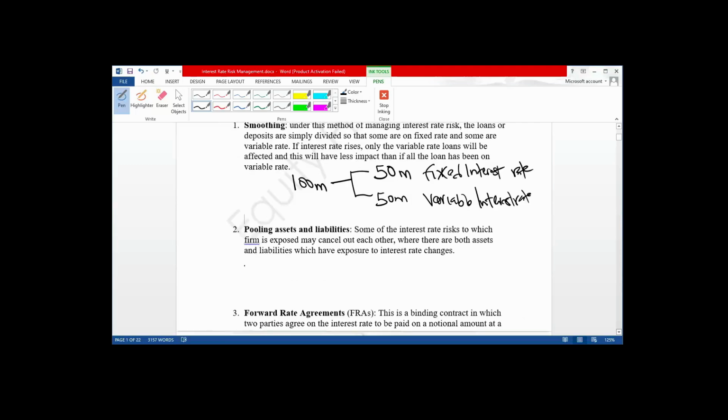Number two, pooling of assets and liability.